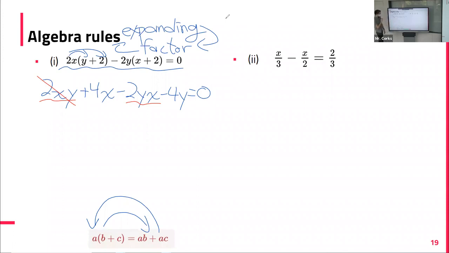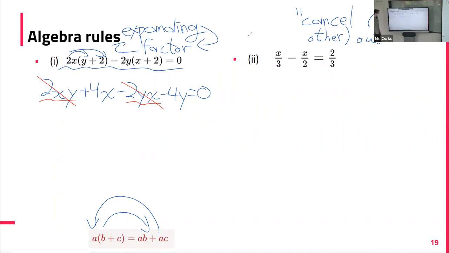Which part? This and this. Okay. Usually we would say that they cancel each other out, or eliminate.